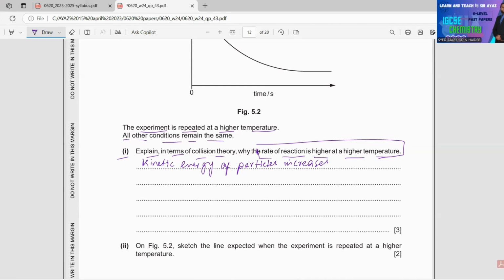Now what else you can write? Now you refer to the proportion, fraction, or percentage of particles and include the statement higher proportion, higher fraction, higher number or higher percentage of particles. They have energy greater than or equal to activation energy.